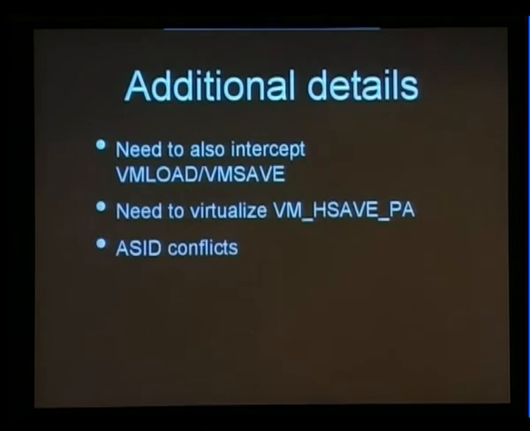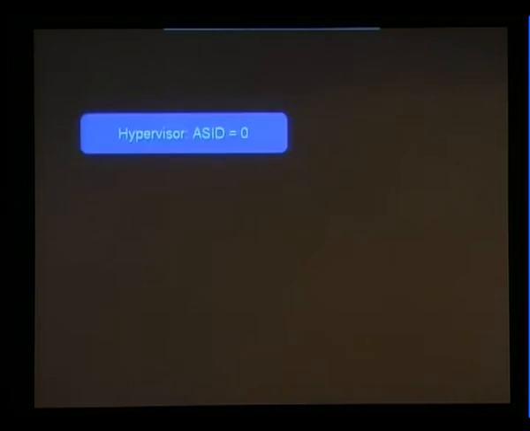Also, it's a good idea to virtualize host save via physical address, because it should be modified by the nested hypervisor, but we cannot change this value on the real machine, because there is no stack for these physical addresses. So we have to store each of them and then substitute this value in the intercept handler for the host save via machine-specific register.